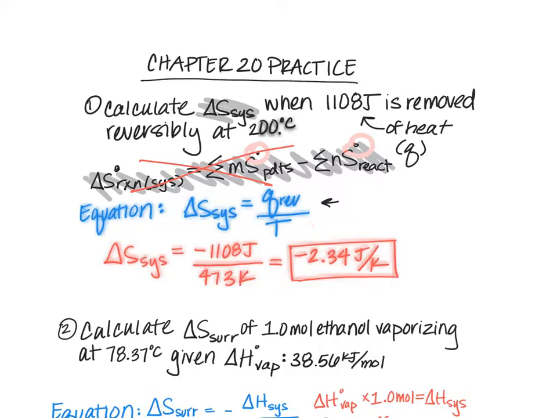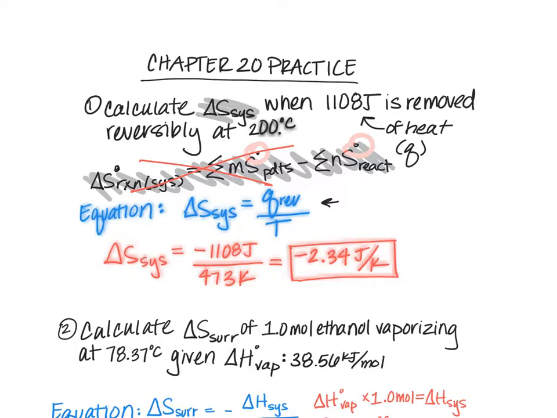That little rev right here tells you the heat was removed reversibly, and it's always going to be at constant temperature. So you're going to be given one temperature. If it's not 298 K, you cannot use the standard entropies in a chart. Those are going to be at 298 K.